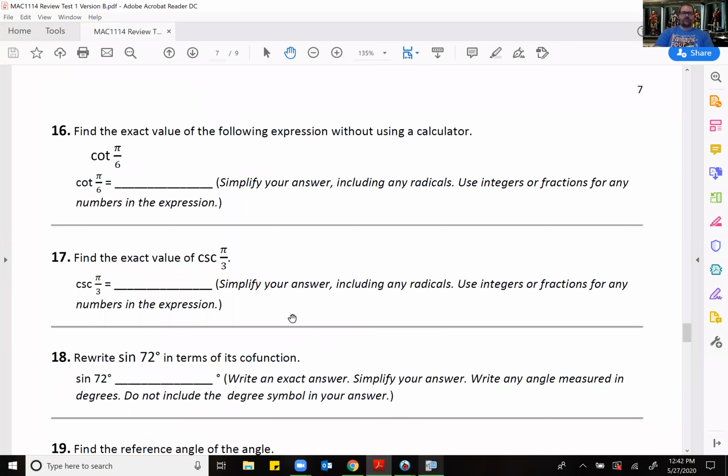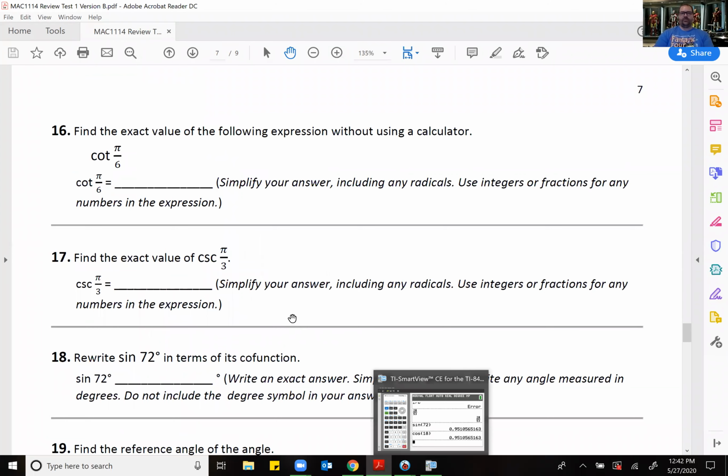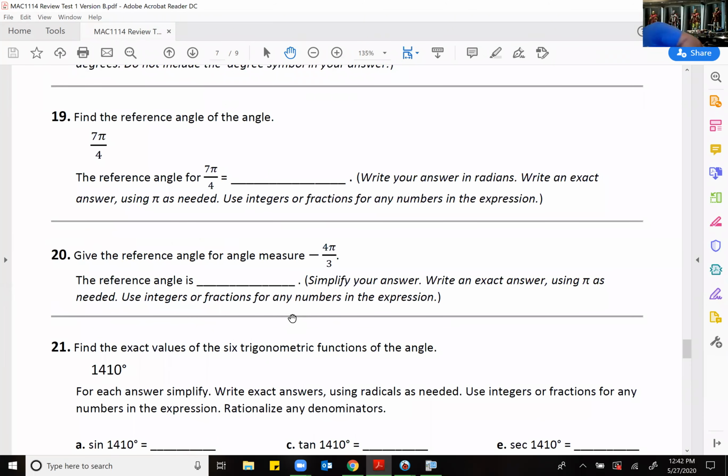19, all about reference angles again. No biggie. All right. So 19. Again, 9.6, we are still in. All right. So we need the reference angle for 7 pi over 4.